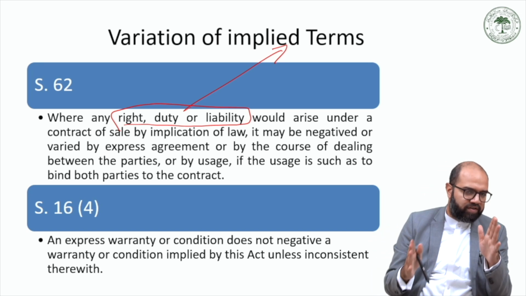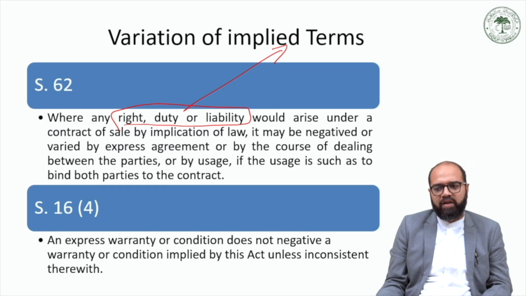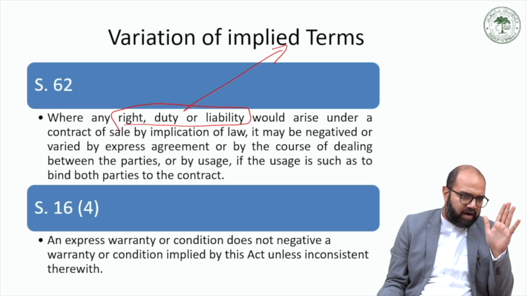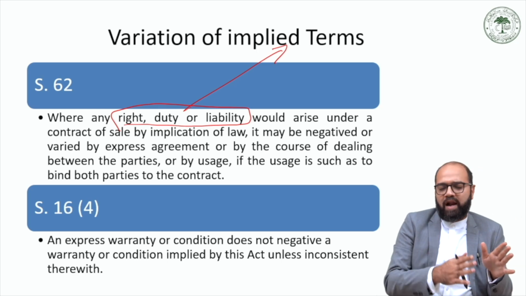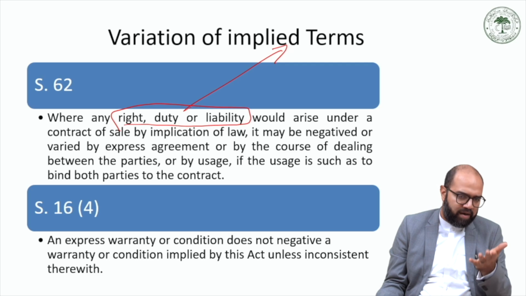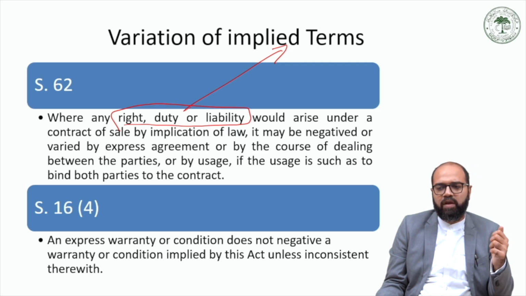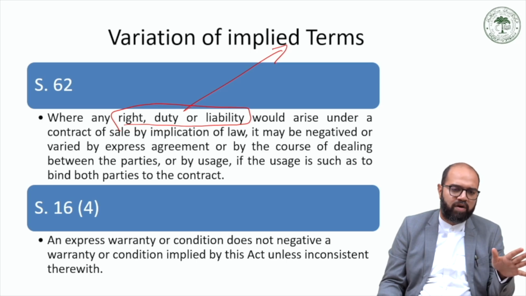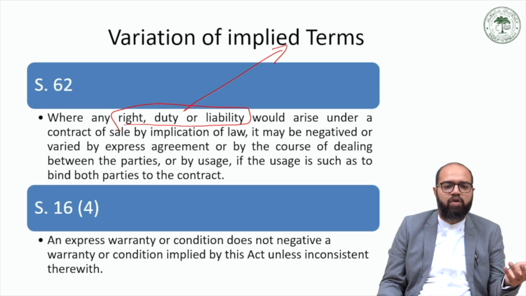So what section 16 clause 4 provides is that if there is a certain express condition or warranty which is provided under the contract, and there are obviously implied conditions and warranties which are provided under the Sale of Goods Act, if there is no contradiction between the two, then both will operate. So express conditions and warranties would be in addition to those that are implied by the law.